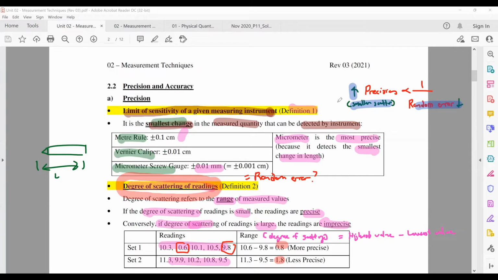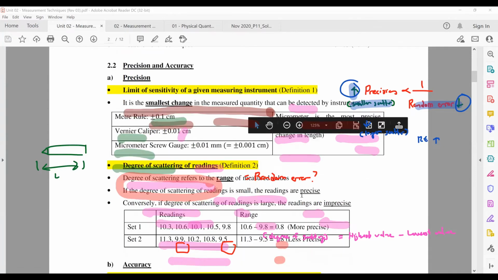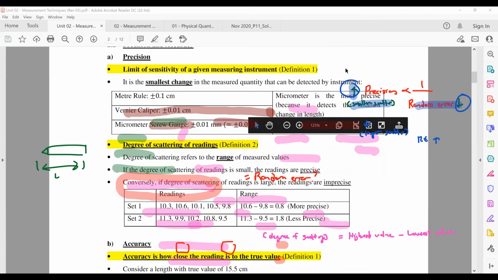If we say the converse, if your precision is smaller, that means you have larger scatter, and your random error is going to be larger. They are inversely related. Higher precision, lower random error. Lower precision, higher random error. They share the same meaning, but they have an inverse relation. That's what precision actually is.